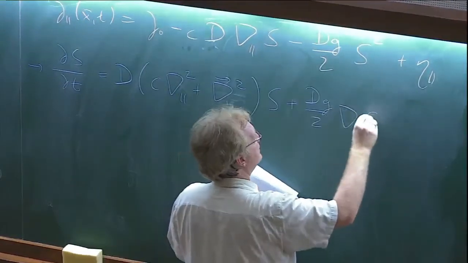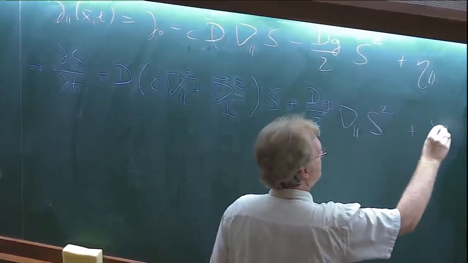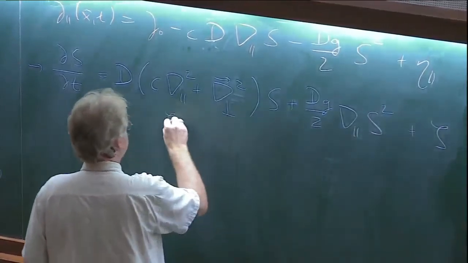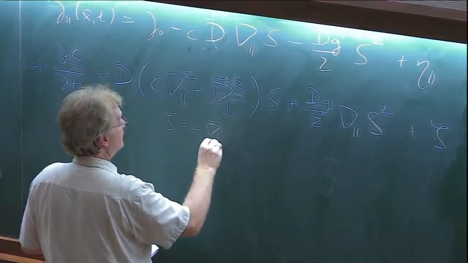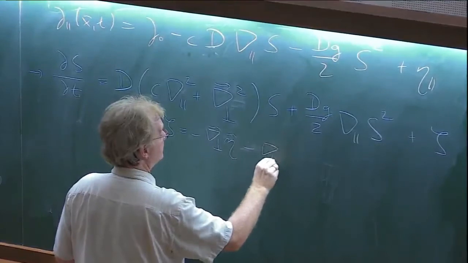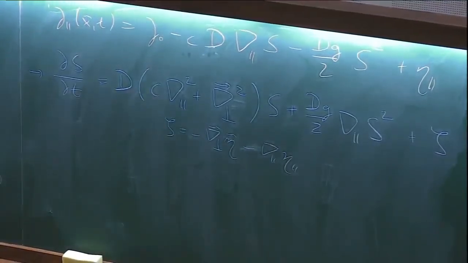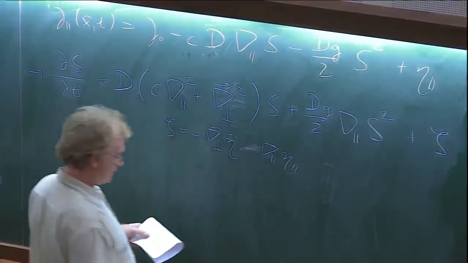This goes with the parallel s squared and noise, where that noise just comes from a combination of these two. And so its mean is still 0.